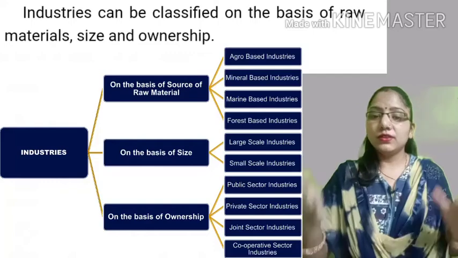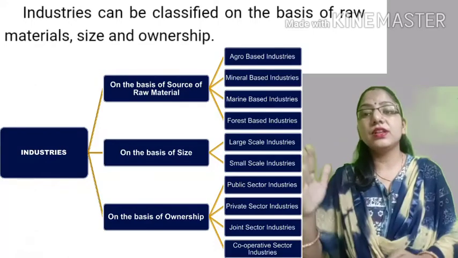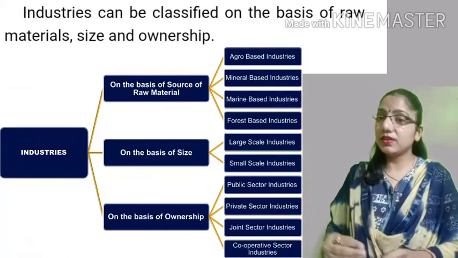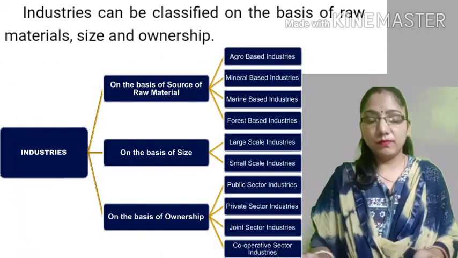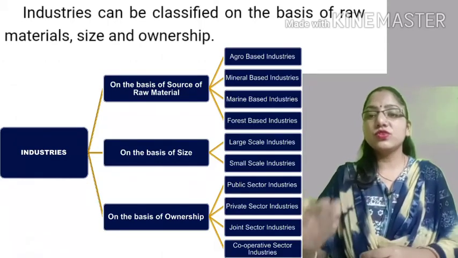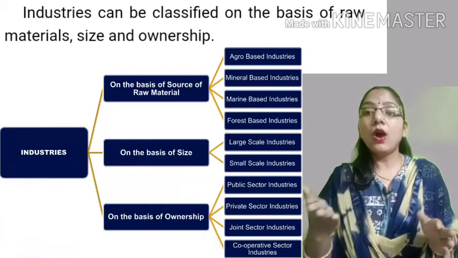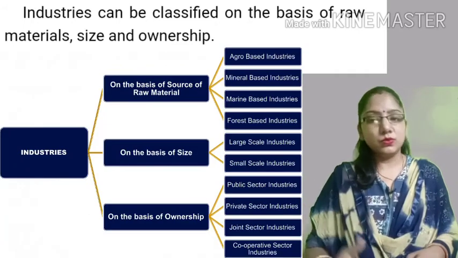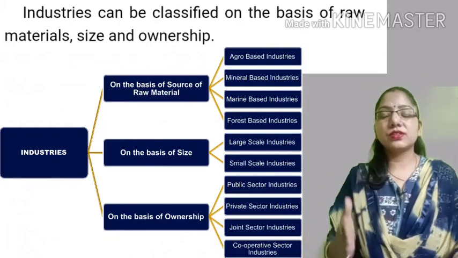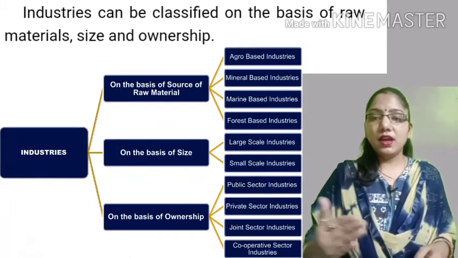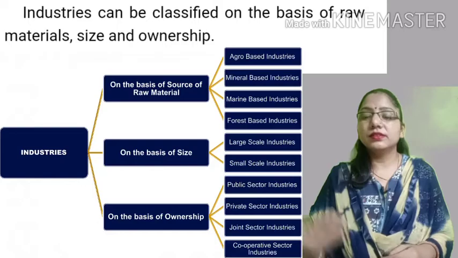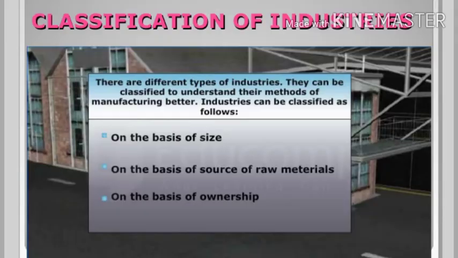And thirdly, we can divide the industry on the basis of its ownership, meaning which sector owns that industry. Is it private, public or cooperative sector? So let's see how the industry is classified and what the things in that are.